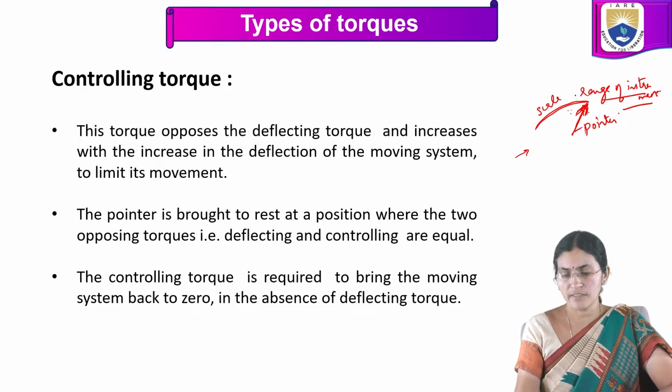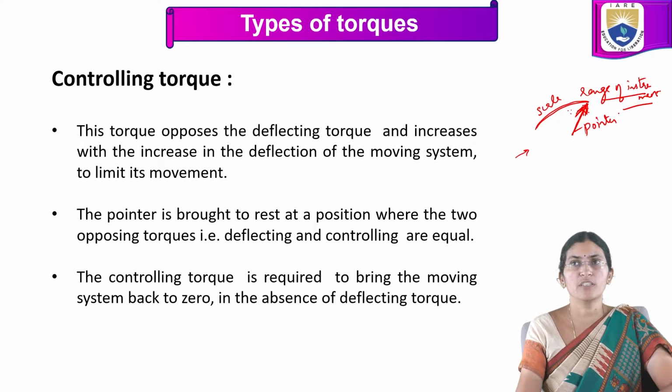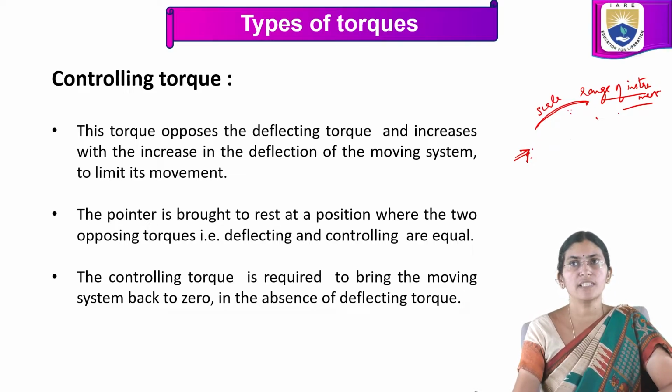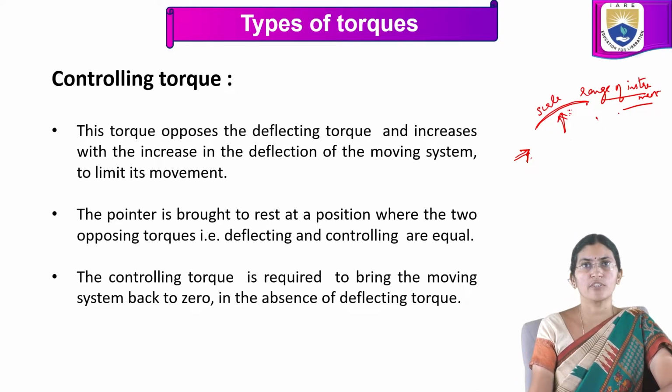But this is not required. We need to limit the pointer movement such that, based on the magnitude of the current or voltage which needs to be measured, the pointer should deflect and stop at that particular position.